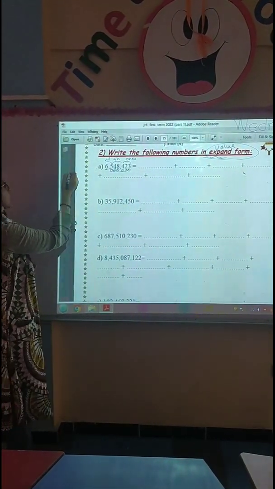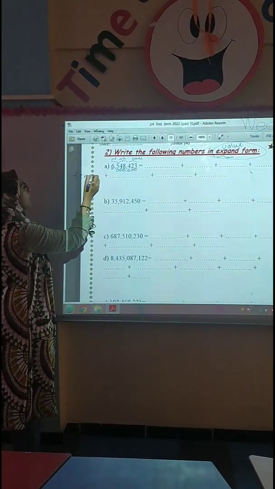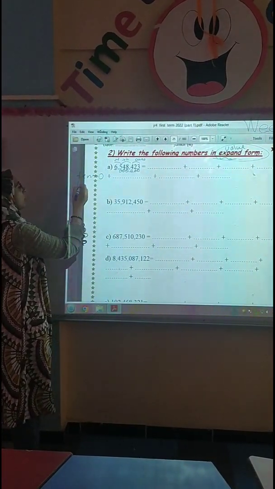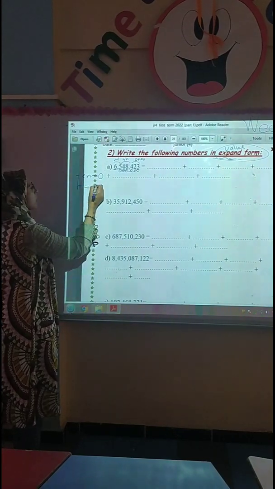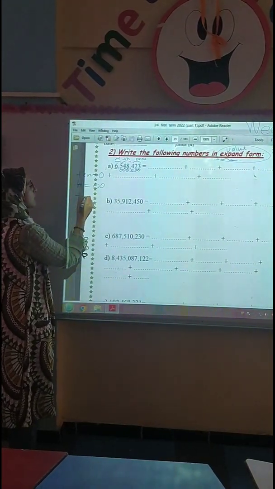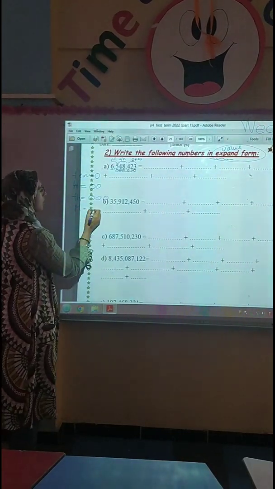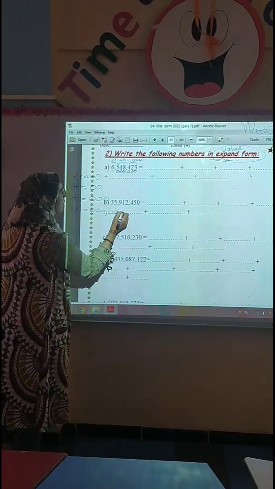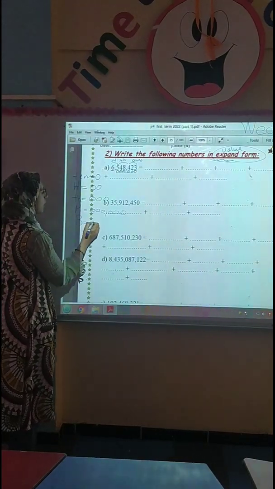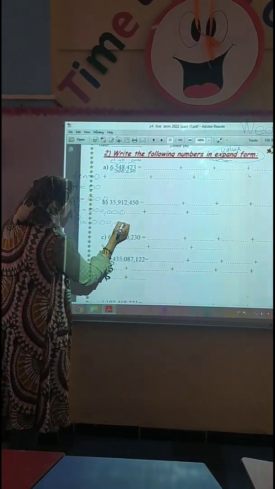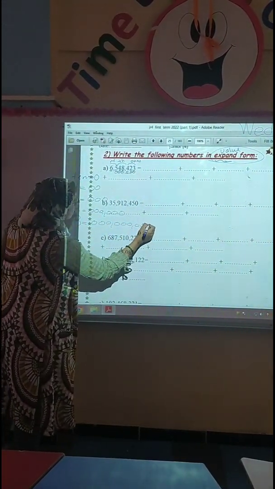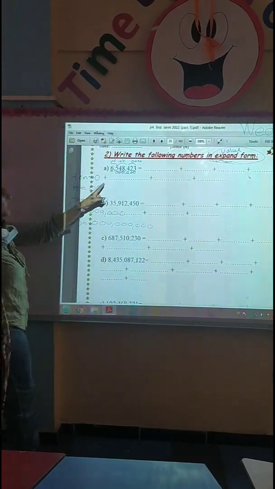But of course we know that the tens have how many zeros? 1 zero. Hundreds have how many zeros? 2 zeros. Thousands, 3 zeros, and million equals 6 zeros, and the billion equals 9 zeros. Okay? Let's go again.